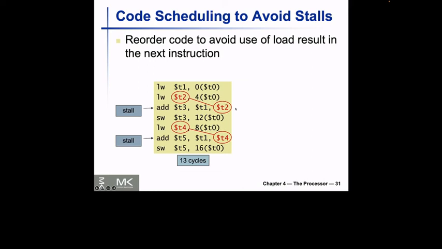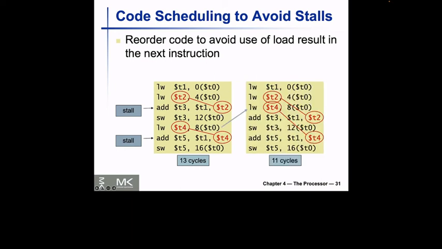After 8 clock cycles, we finish the third one. And 9, 10. And here, after 12 clock cycles, we finish this one. And after 13 cycles, we finish all these instructions, right?